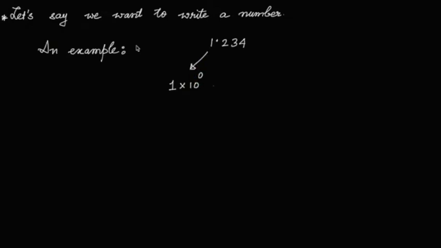Add to that 2, multiplied by 10 to the power minus 1. Add to that 3, multiplied by 10 to the power minus 2. And add to that 4, multiplied by 10 to the minus 3. Right? So that's the number. So if I write x, this is my x star.